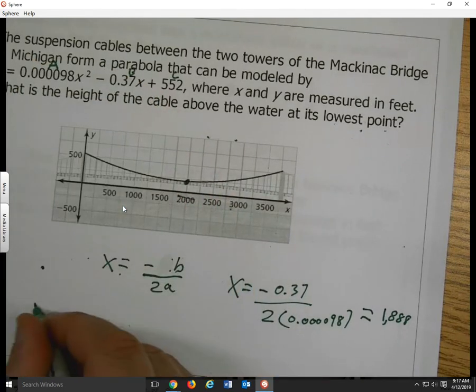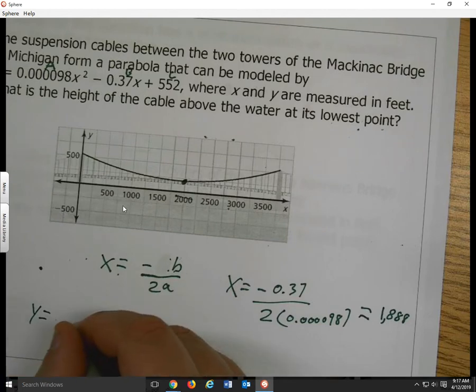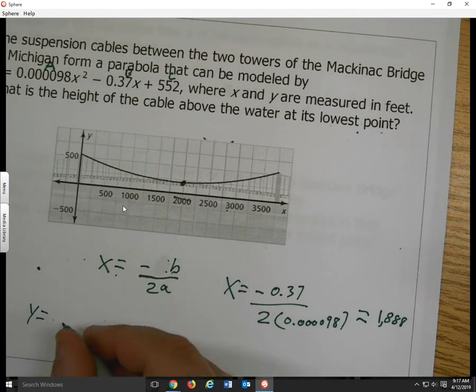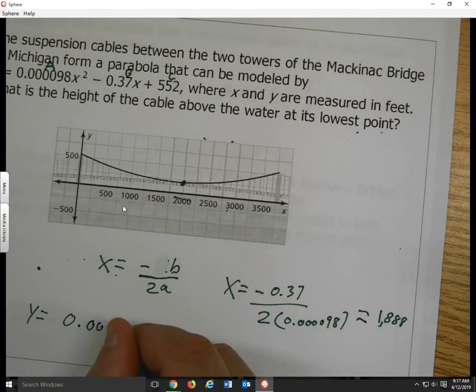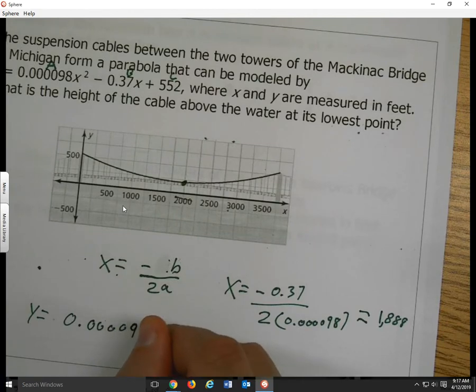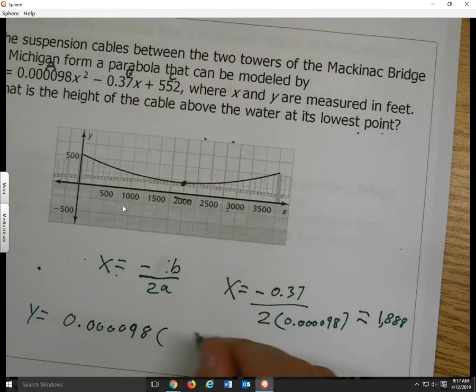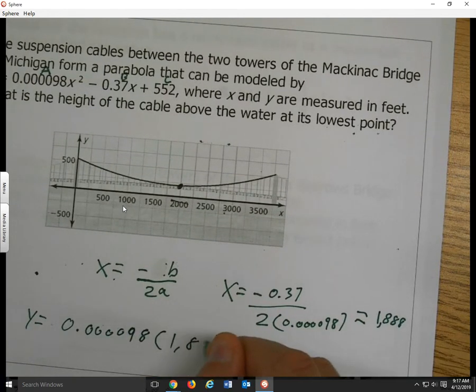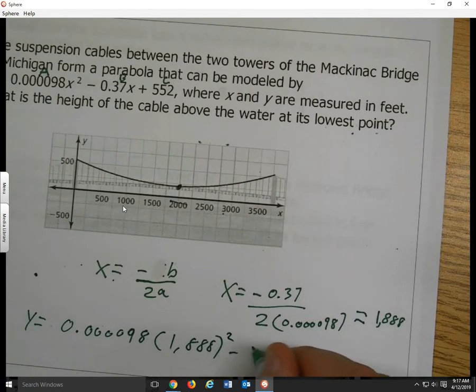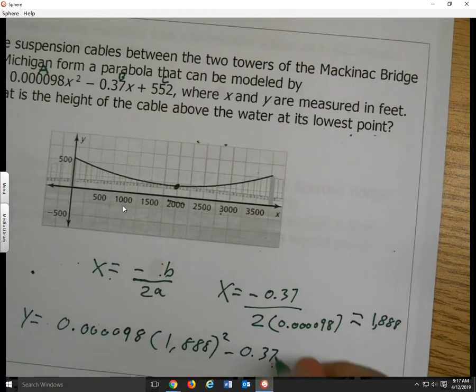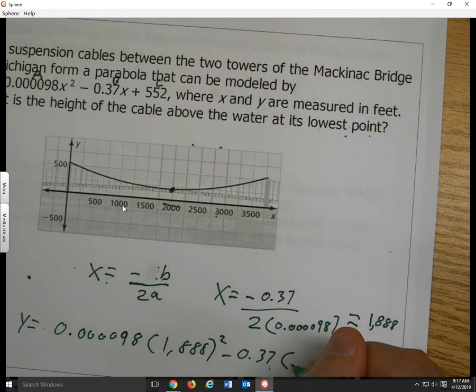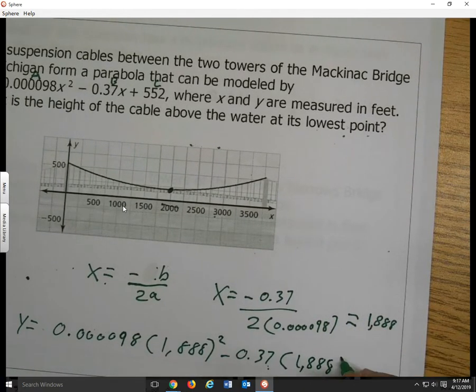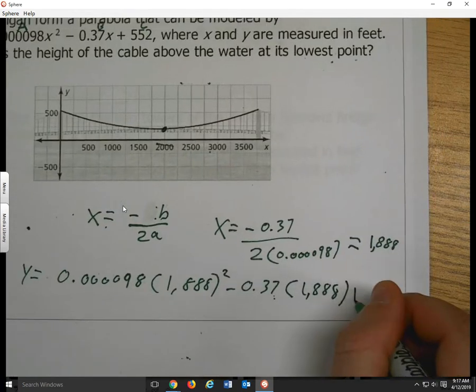So let's do that. We'd say y equals 0.000098, but instead of an x, we'll put 1,888 squared, minus 0.37, but instead of an x, we're going to put 1,888, plus, what's the last number we added?